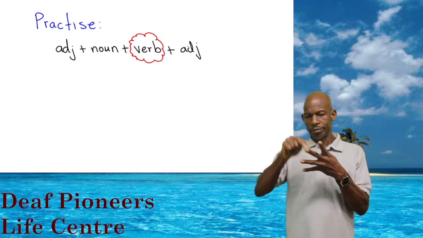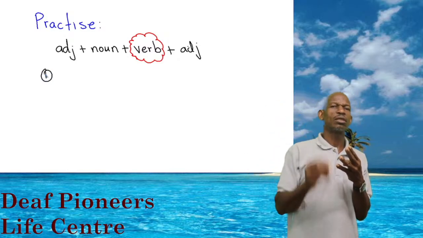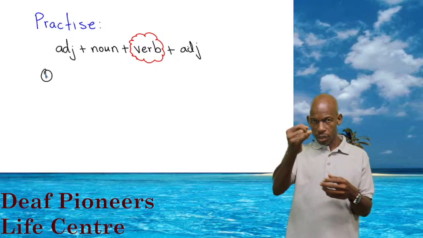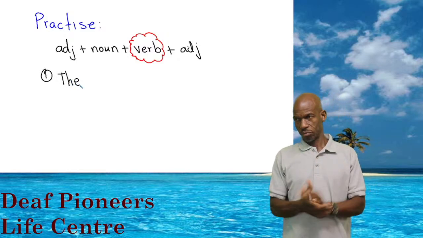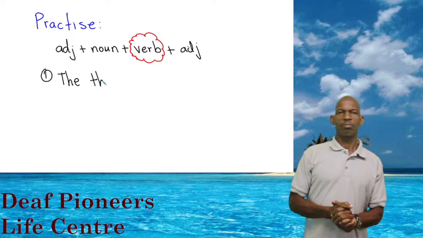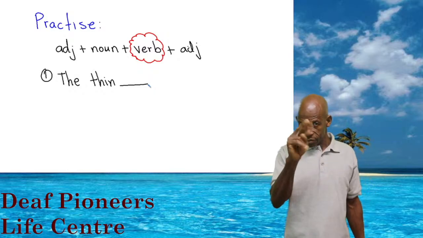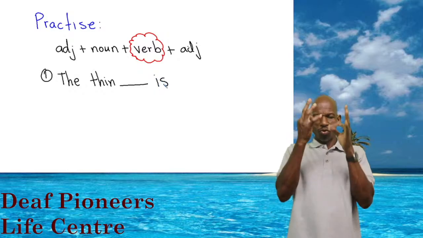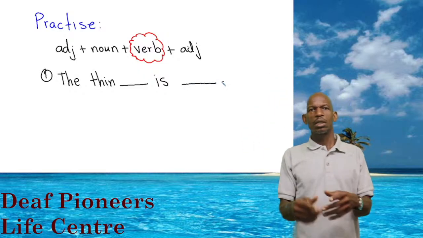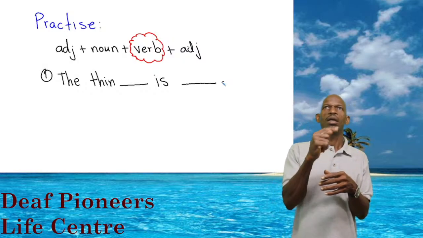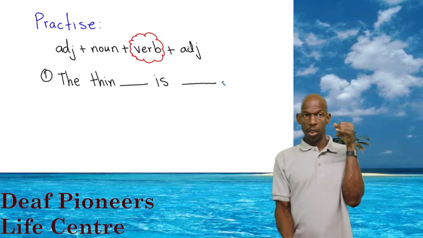So if I'm giving you a practice now, and this is number 1, I'm giving you some of the answers. So I'm putting the thin, but you have to give me what is thin. The thin something is, and then you have to give me a second adjective to describe it. Or I can maybe even take out the adjectives, and I should have taken out the adjectives so you can put them in.